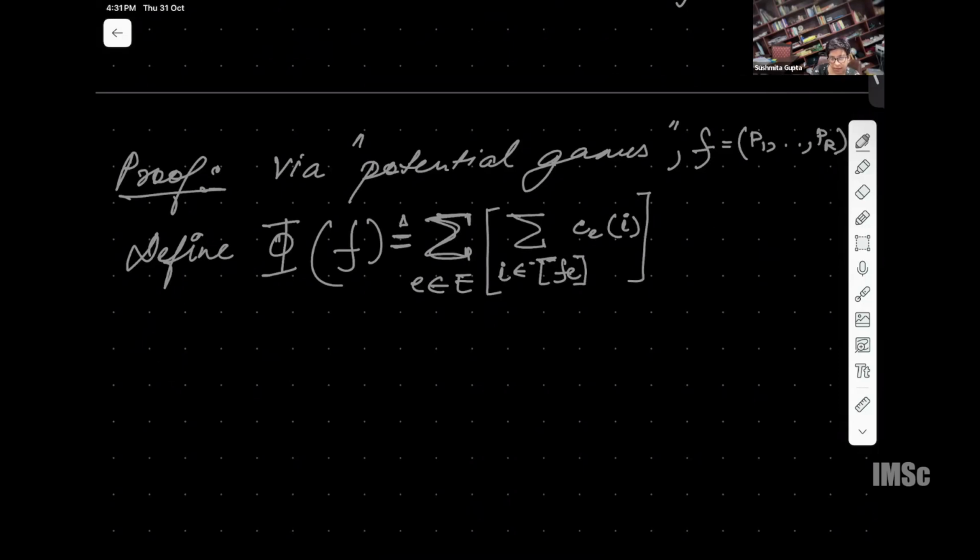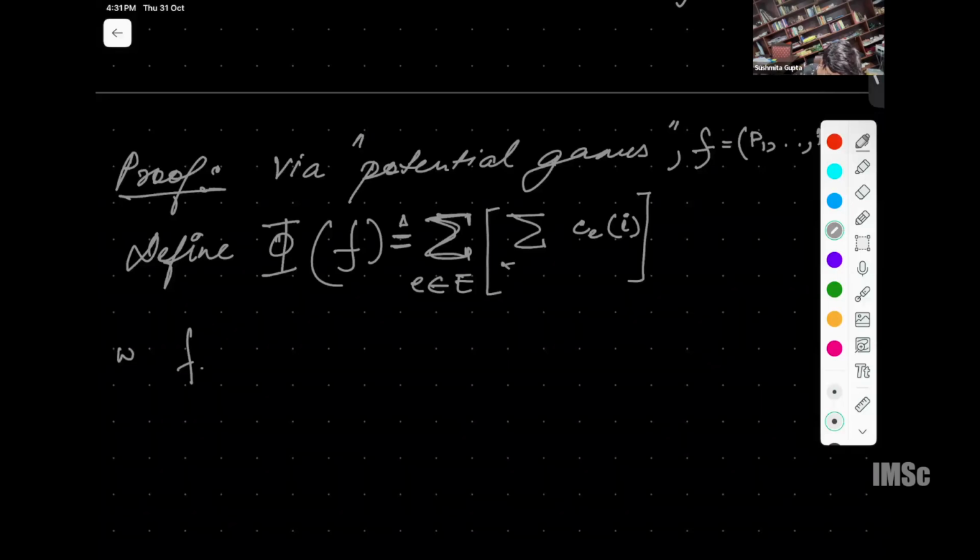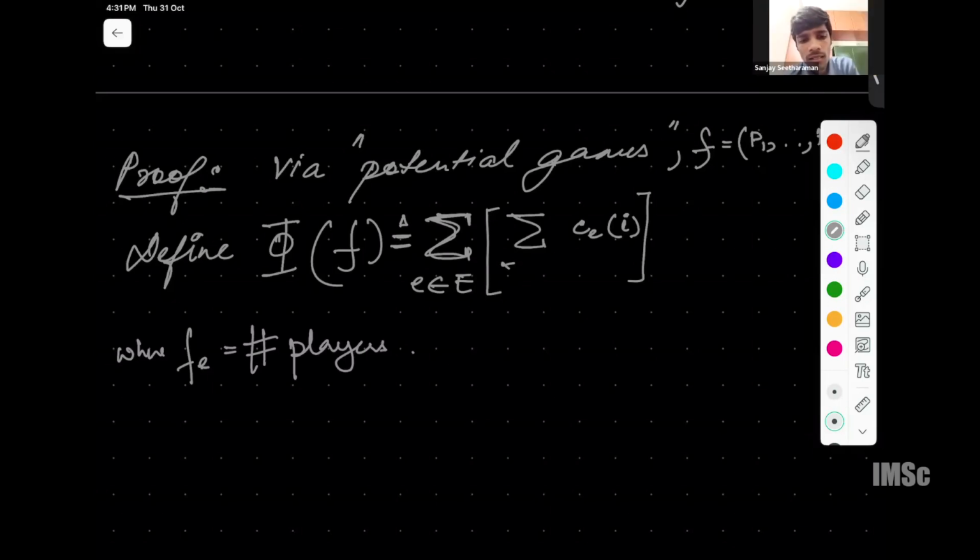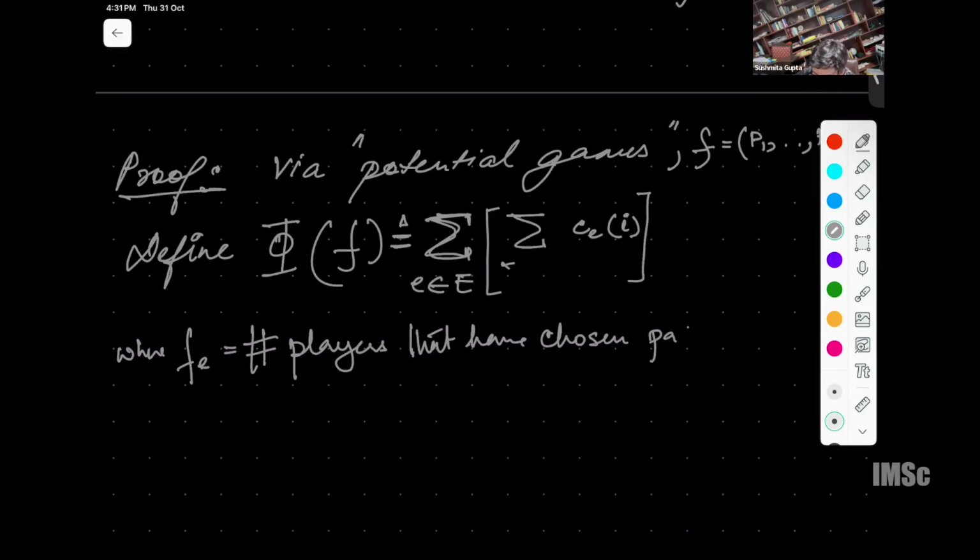Could you please repeat what is there under this inner sum? Oh, okay, then maybe I write it. So i is from 1 to f of e. So you recall f of e was what? f of e is the number of players that have chosen paths that contain e, right?